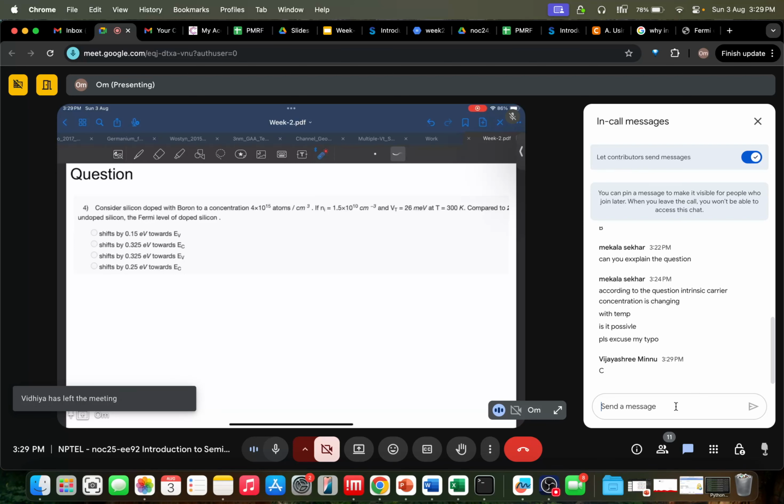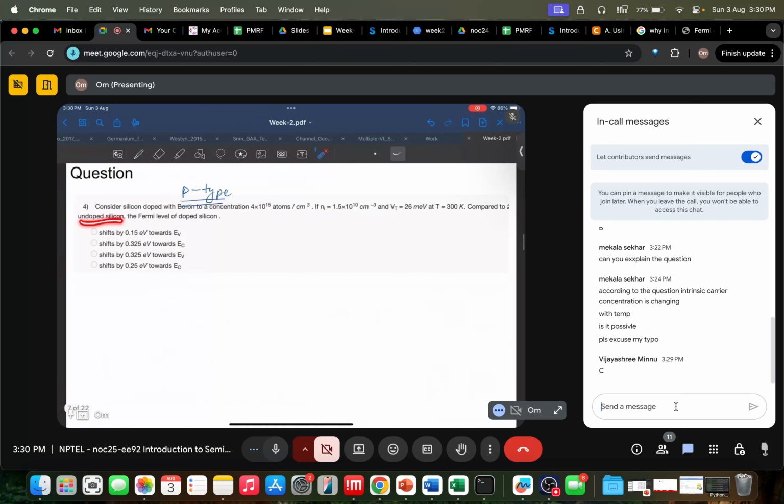Okay, so let's see this. Consider a silicon doped with boron. So this is p-type doped. The concentration of this ni is this, and Vt and temperature are given. Compared to undoped silicon, the Fermi level of the doped silicon is what?